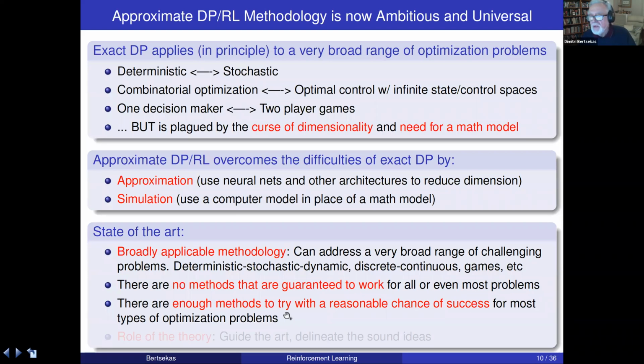And it's up to you to use your intuition, your understanding of the problem, your understanding of the methodology to figure out how to match methods to problems. And the role of theory here is to delineate the sound ideas from the crazy ideas that you will see advertised. And also there's an art here, and the theory is used to guide the art.